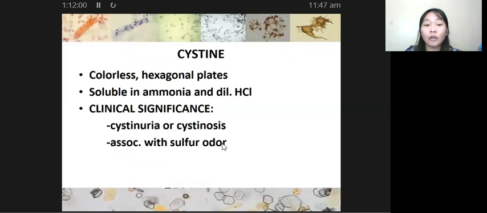If it is present in your urine sample, you should look for the sulfur odor.